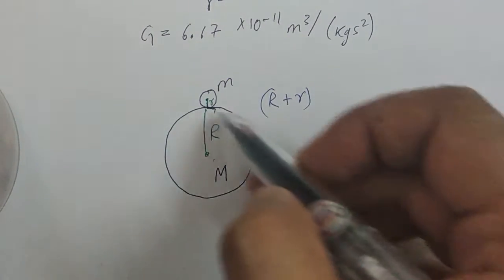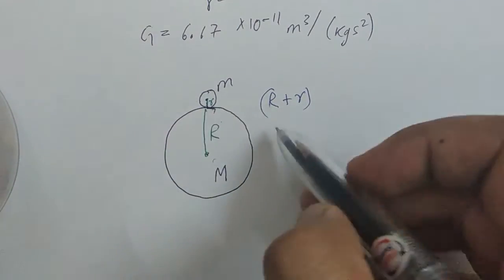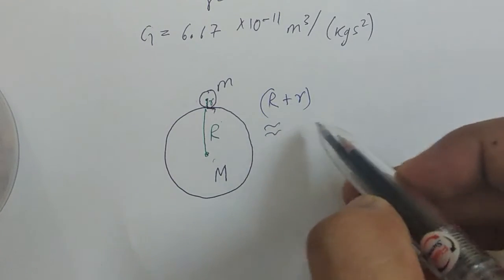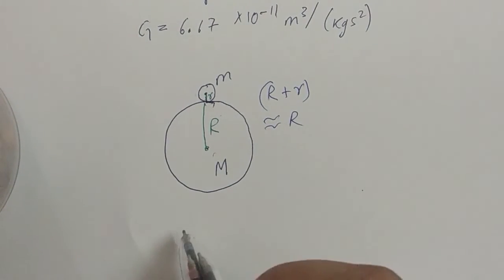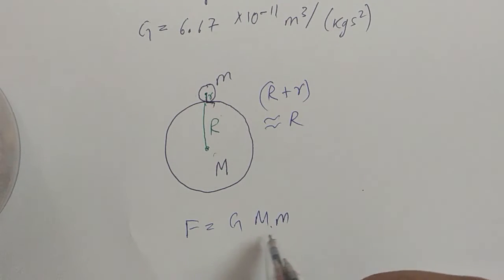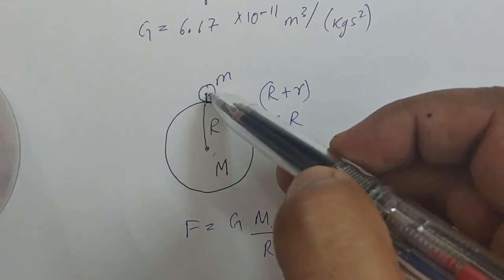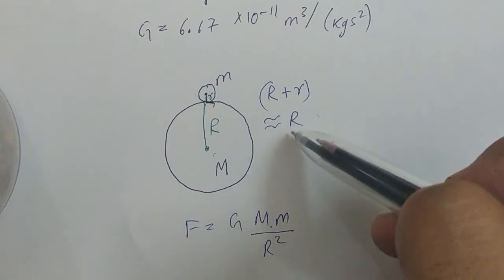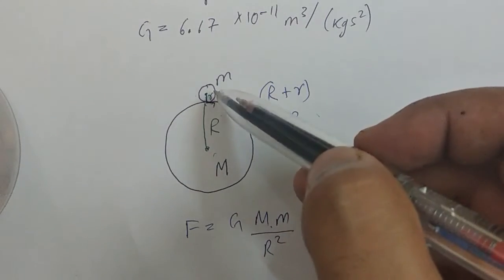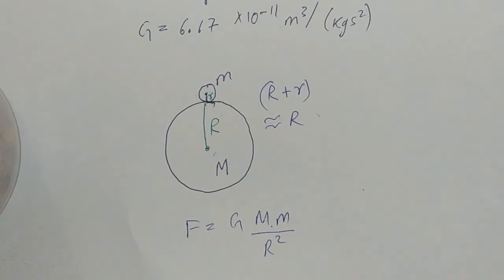But since the radius of the earth is large in comparison to this smaller object, this value can nearly be approximated to capital R. So the gravitational force can be written as G into M into m divided by R square. This was supposed to be the distance between these two objects, but since R is very large, this is the final gravitational force that exists between these two objects.